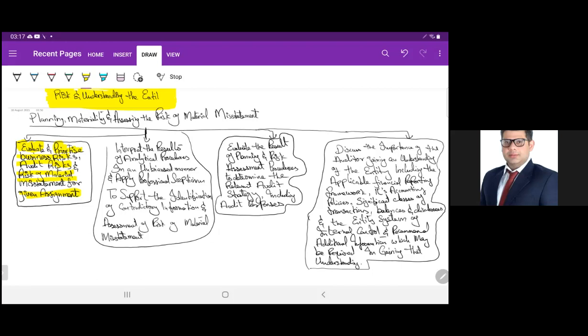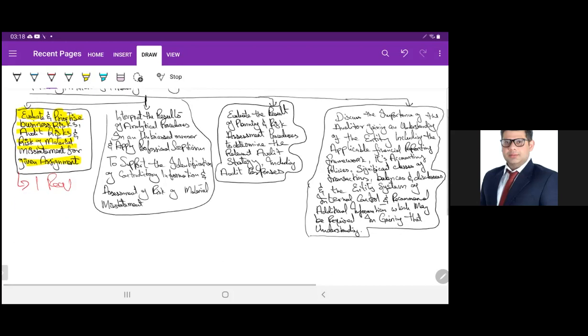But now what the examiner is doing, it's combining all of these three into one requirement, right?